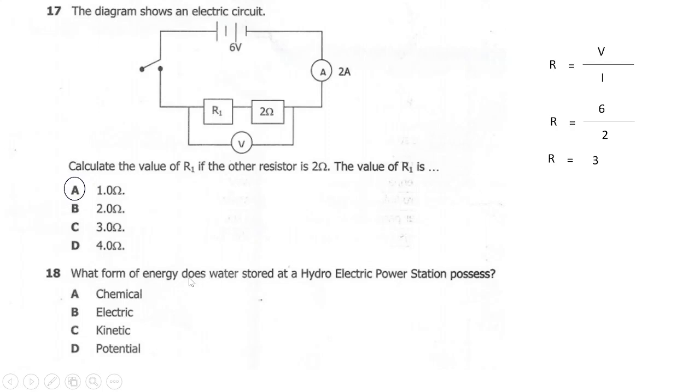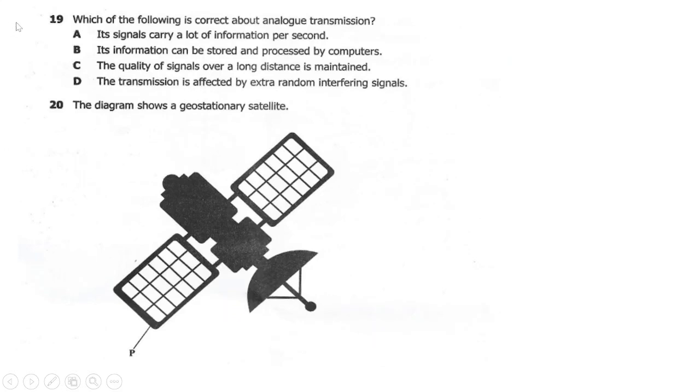18. What form of energy does water stored at a hydroelectric power station possess? It possesses what we call potential energy. Okay. 19. Which of the following is correct about analog transmission? A, its signals carry a lot of information per second. No, unless digital.